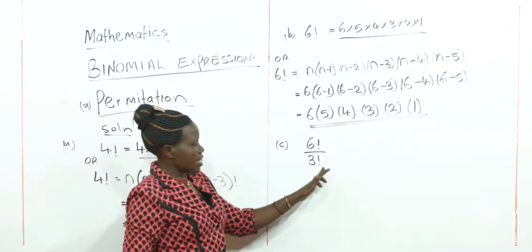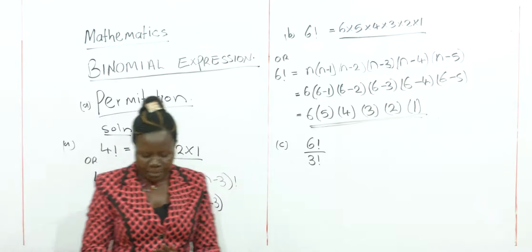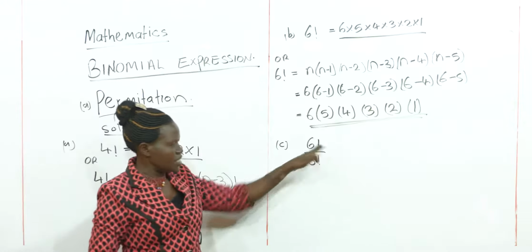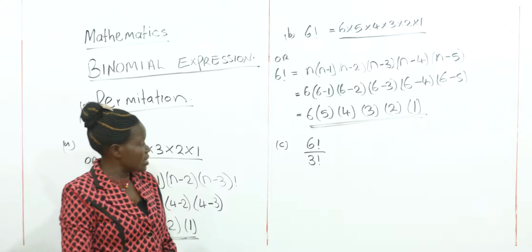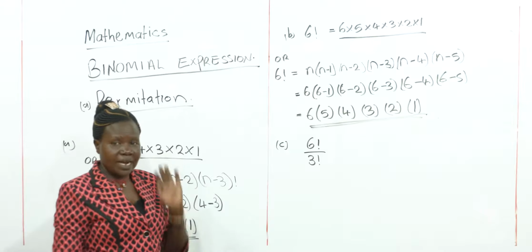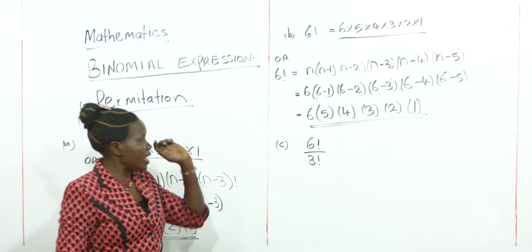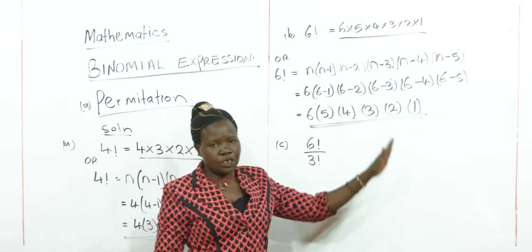Now if it is like this, then you are going to expand. As long as you have seen that symbol, a factorial, it means you arrange your number or your element from the biggest up to the smallest.